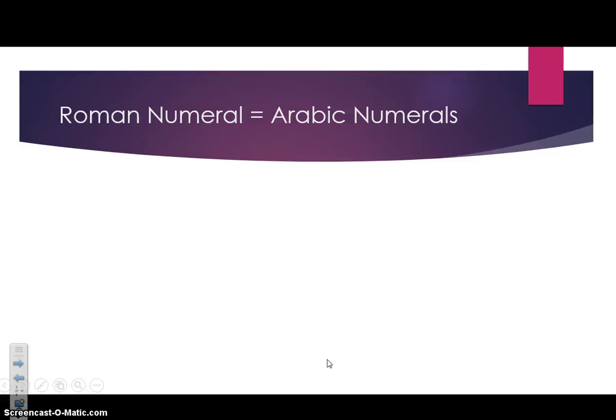So first let's talk about Roman numerals, which are equal to Arabic numerals in the English language, which is basically writing your words as a number, 1, 2, 3. In Roman numerals, the I is equal to the number 1. The V is equal to number 5.